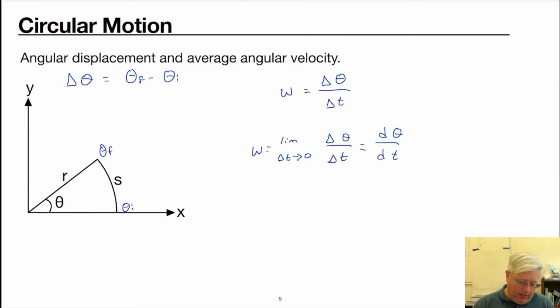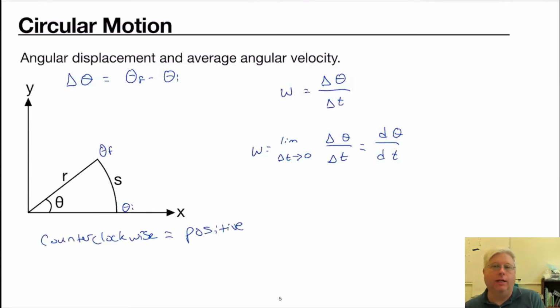Like how we measured angle with respect to the positive x-axis, we consider positive to be counterclockwise because that's sort of how we start counting degrees. 0 is here, go up to 90 there, and so on. So counterclockwise is positive.